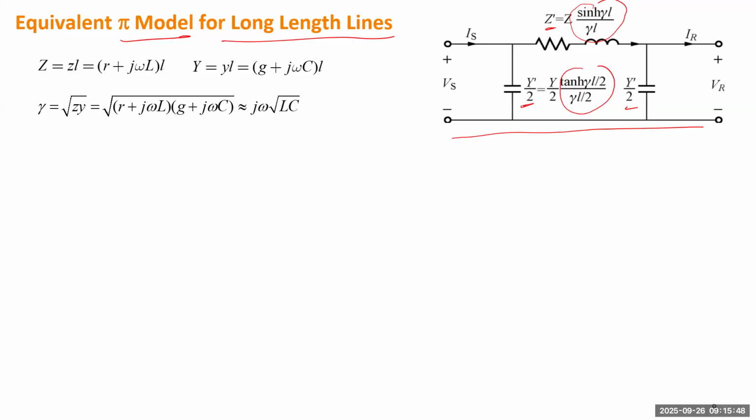Then starting from there, we just treat this long line as a regular medium line, but we don't use the actual values.